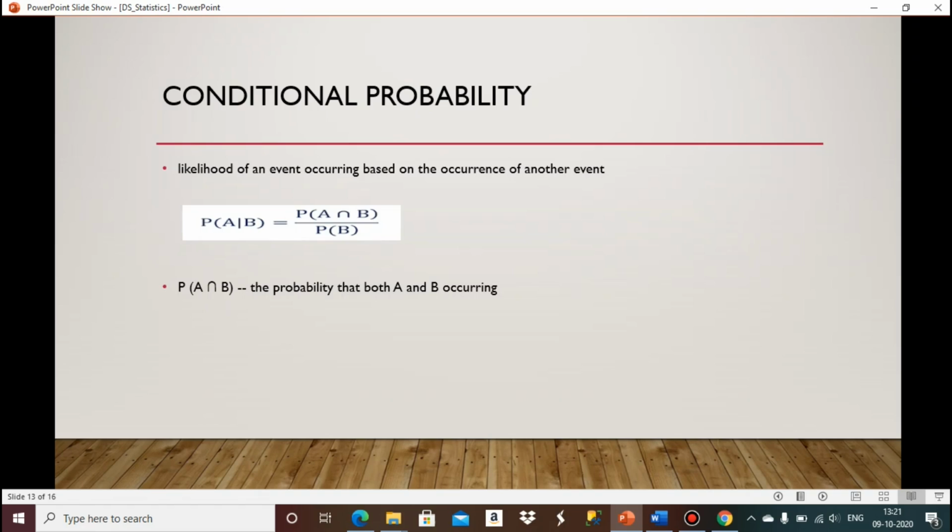So the conditional probability of A dependent on B is equal to the probability of A intersection B, which means the probability that both A and B are occurring, divided by the probability of B. That is the equation for calculating the conditional probability of A on the basis of the occurrence of event B.